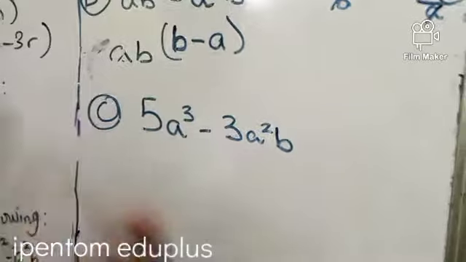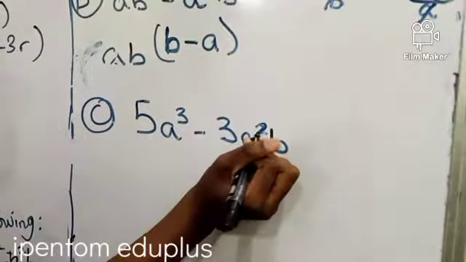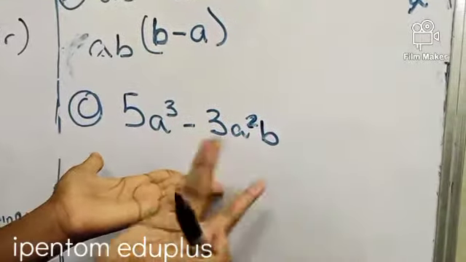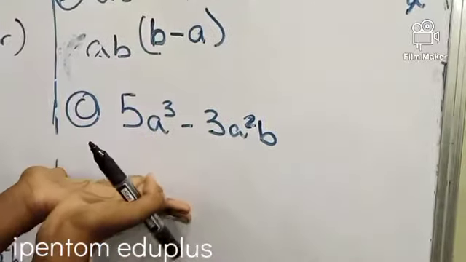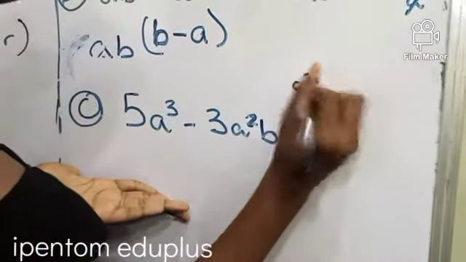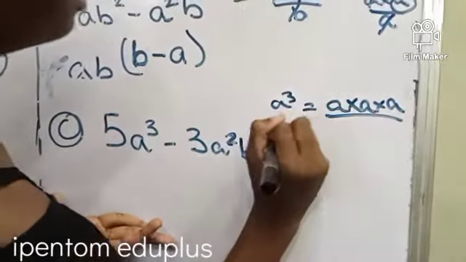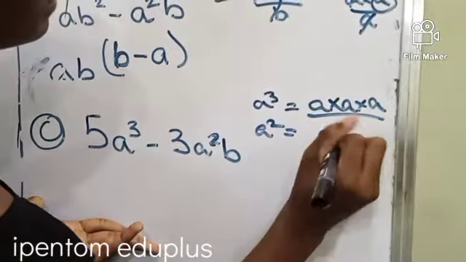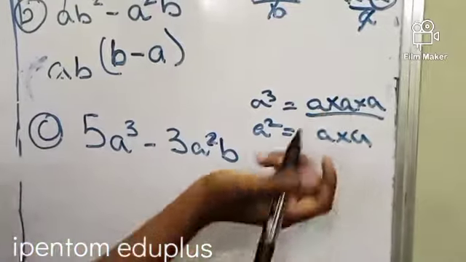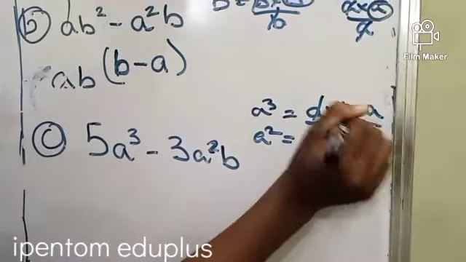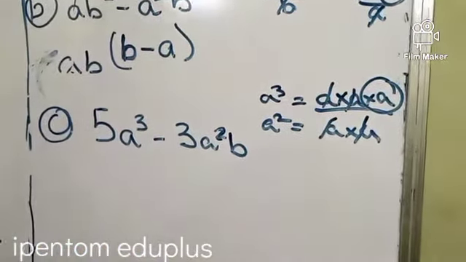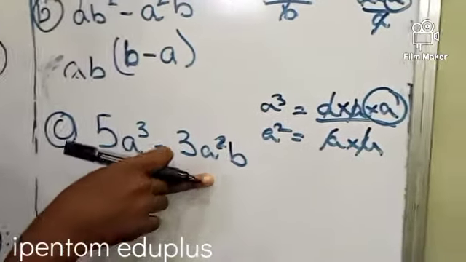So you look for any letter that is common. And here you can see A square, and A square can also go in A cube. A cube is equal to A times A times A, and A square is equal to A times A. So if A square goes into A cube, one more A remains. So the common factor is A square.